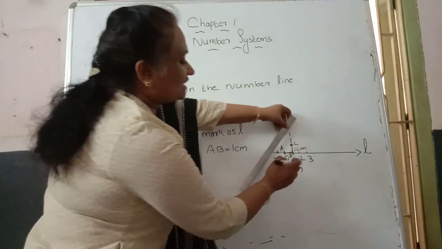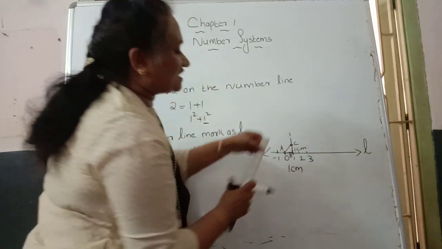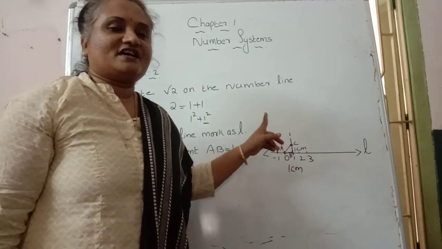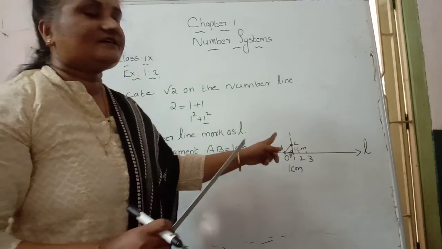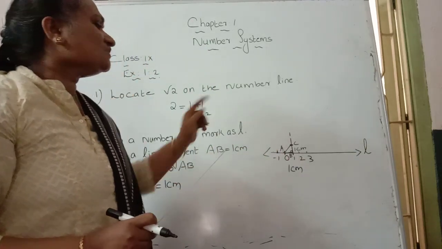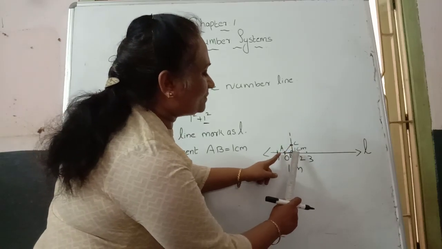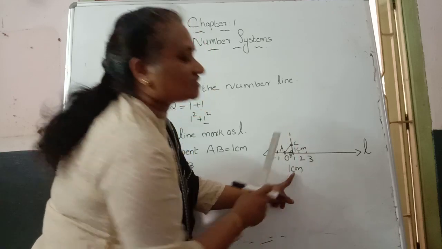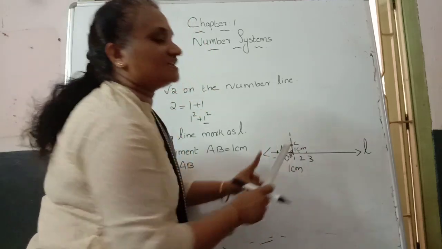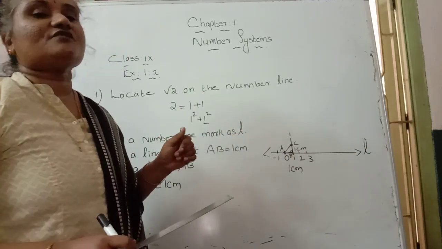Then simply join A to C. Which triangle is formed here? A right angle triangle. We know the A to B distance is 1 centimeter and the B to C distance is 1 centimeter, but the AC distance we don't know. So we need to find the AC distance.